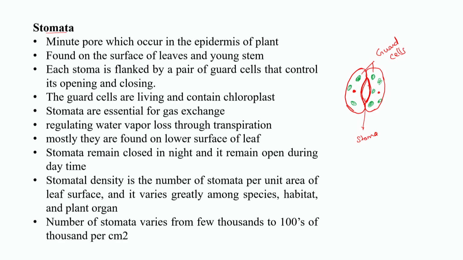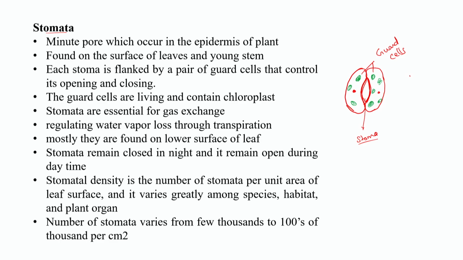So this is the structure which is showing an open stomata, and you will have closed stomata also. See, when the stomata or the opening is closed, it will look like this.